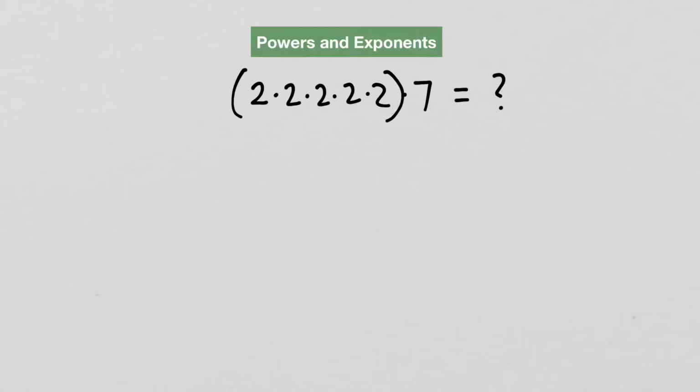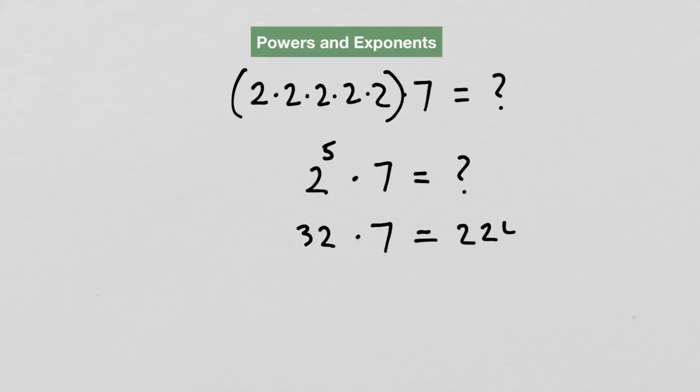So another way to represent that is 2, which is your base, and because there are 5 2's, we're going to raise it to the power of 5, and that's your exponent, times 7 is equal to some number. 2 to the 5, if you multiply that out, comes out to 32 times 7, and 32 times 7 is 224.